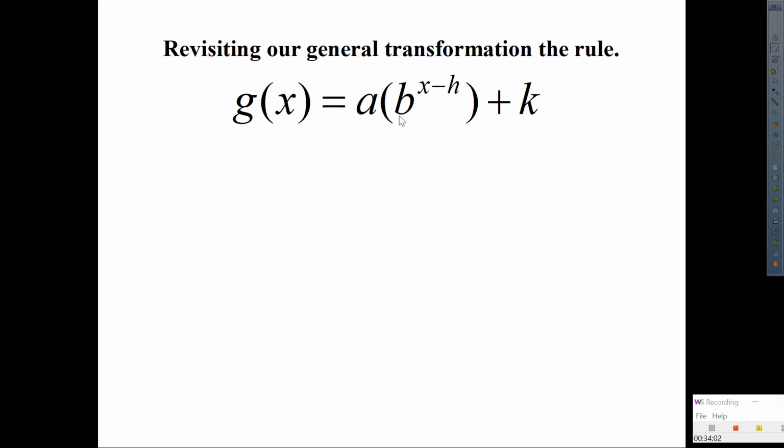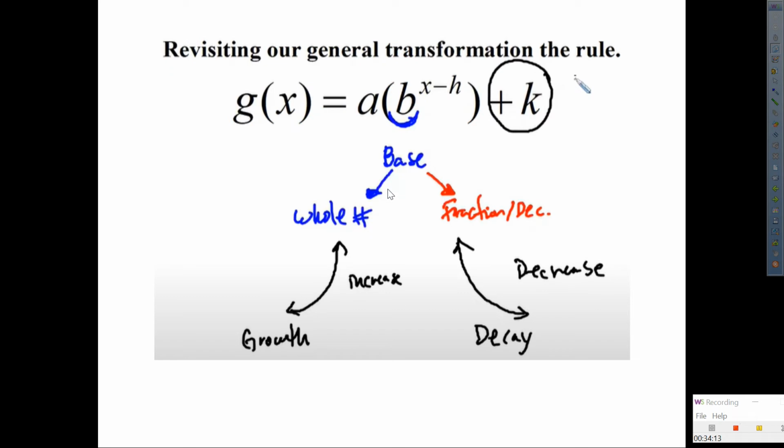What did we say for the two different presentations today? That one was a whole number and it increased, it was growth. And the other base was a fraction or decimal, it decreased, or decay. So copy that, please. And of course, do we know what k is as well? Yeah, the horizontal asymptote. Copy that, please.